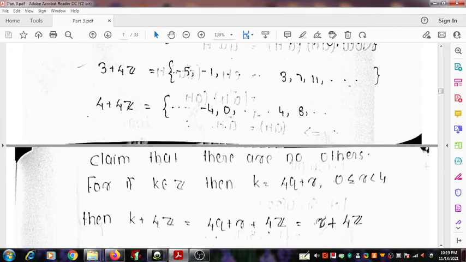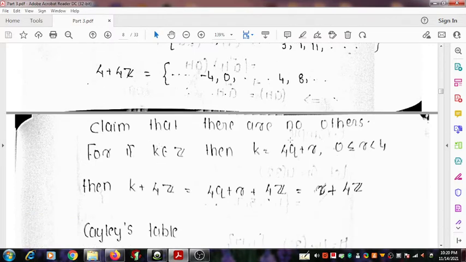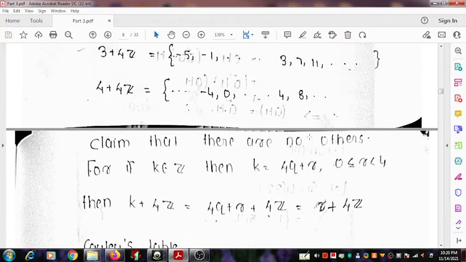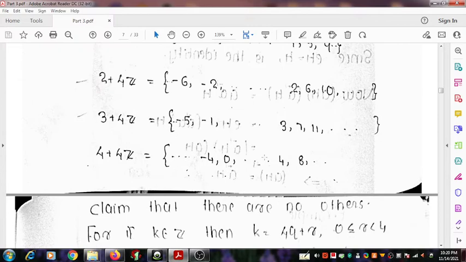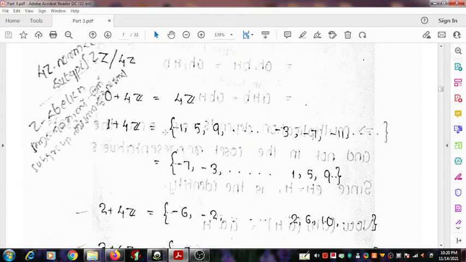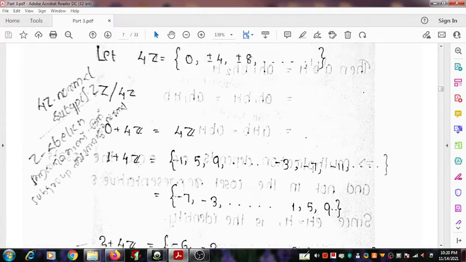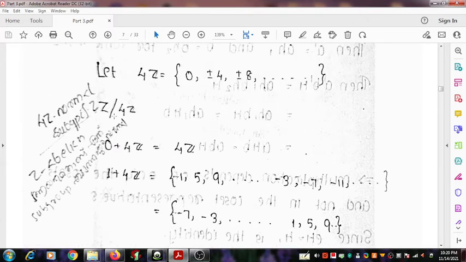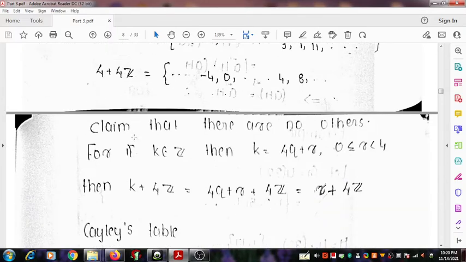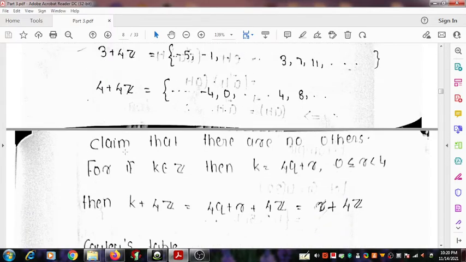Next we claim that there are no other elements. After describing all these special elements, which are the candidates of the set Z over 4Z, we show that there exists no other element. If you try to define an element which is different from all of these, you can see that it is impossible.